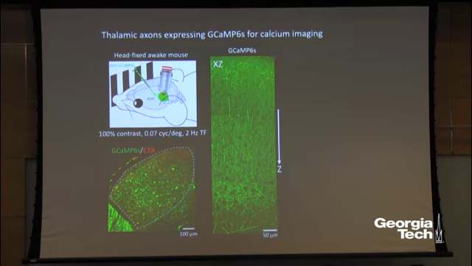We can answer that question using imaging by transfecting the neurons in the thalamus with the activity indicator that I mentioned earlier, GCaMP6. You can see the cell bodies in LGN here, and then you can also see the axons coming from the LGN inside this brain structure called primary visual cortex.